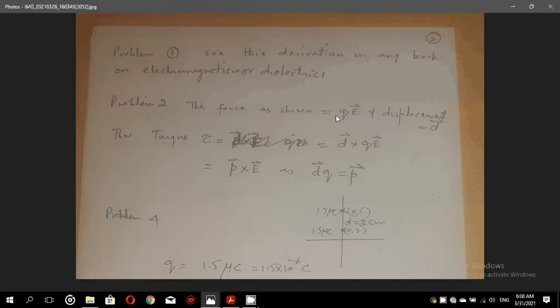The force as shown is equal to qE and the displacement is d, so the torque will be qd into E, which is the force into the displacement, and when we rearrange this, we get torque equal to p cross E, as qd is equal to the dipole moment. Okay, so that is the solution to problem number 2.